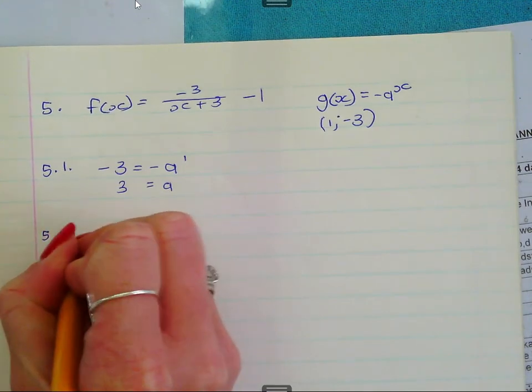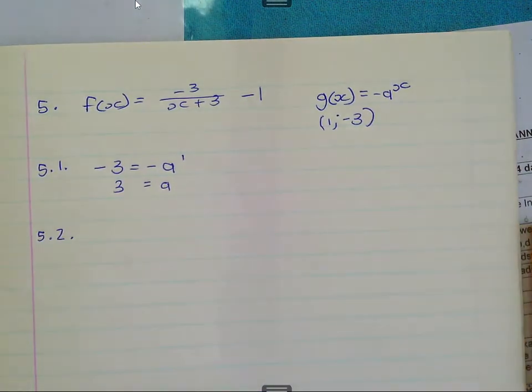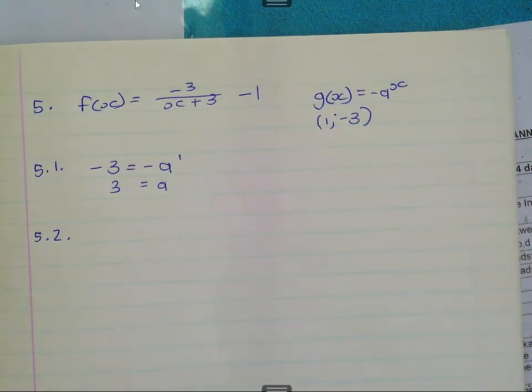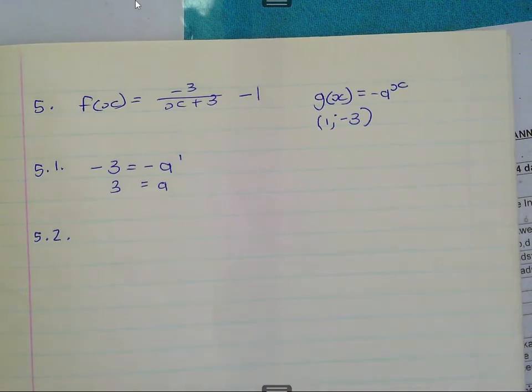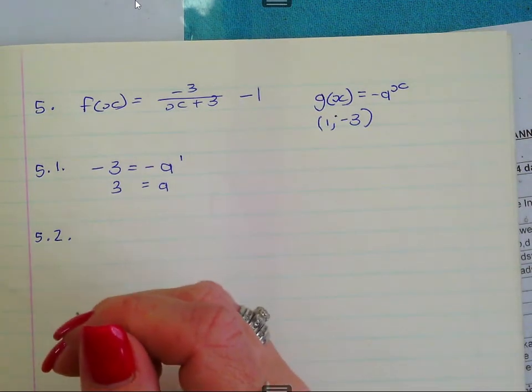5.2. Please read that question. What does it say? Write down the equations of the asymptote. Equations. How do I write an equation? Y equals and x equals. Okay. Who wants to try? One of you to try. Put up your hands and tell me, because there's no calculation, what are the asymptote equations? Both of them.